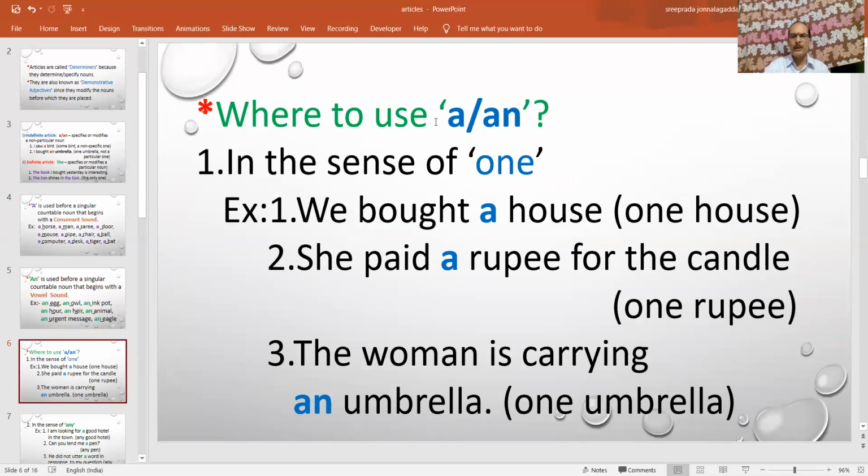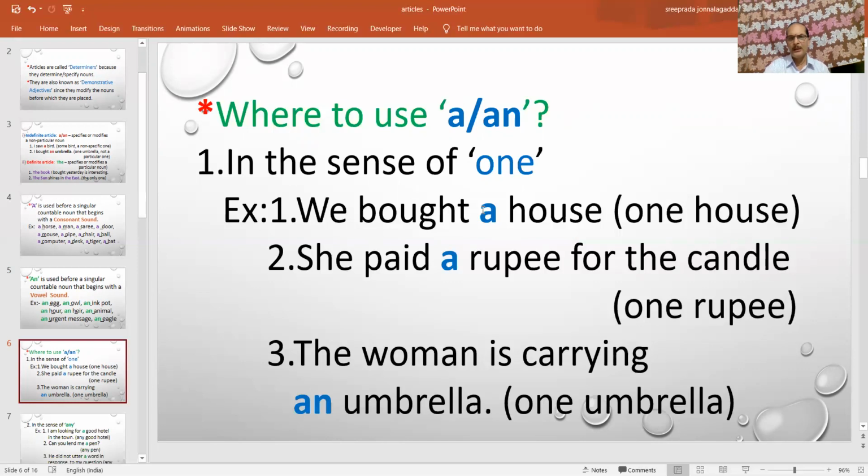Where to use "a" or "an"? We have seen that "a" or "an" are indefinite articles, and where should we use them? First point: it is used in the sense of one. For example, we bought a house.